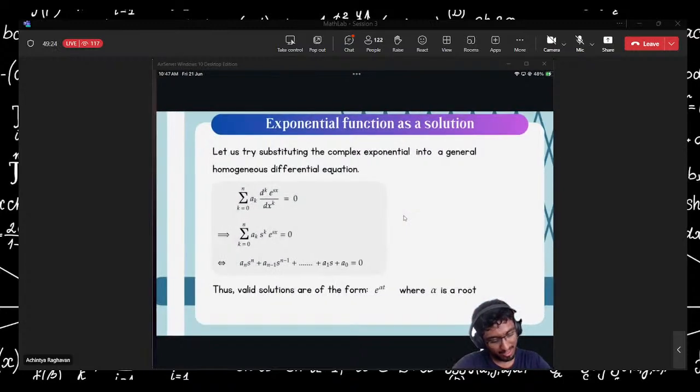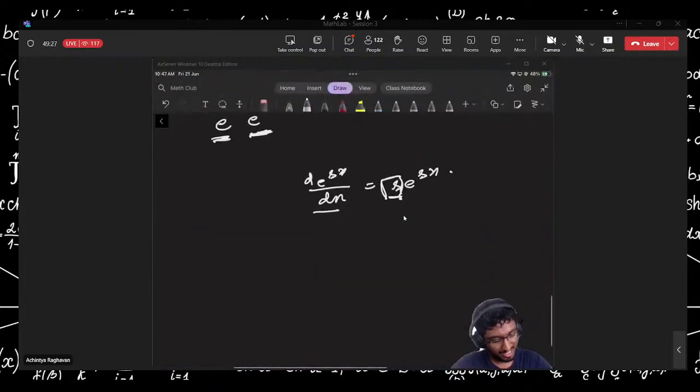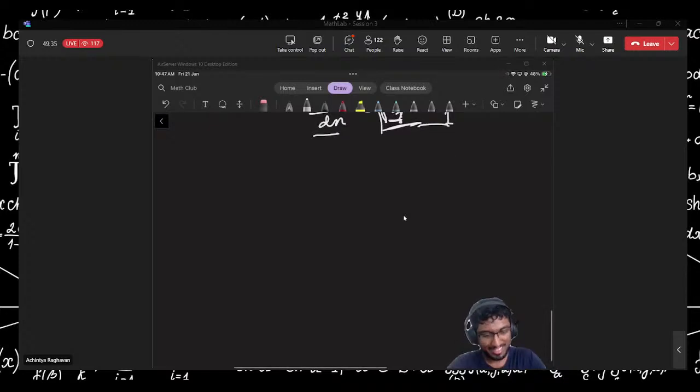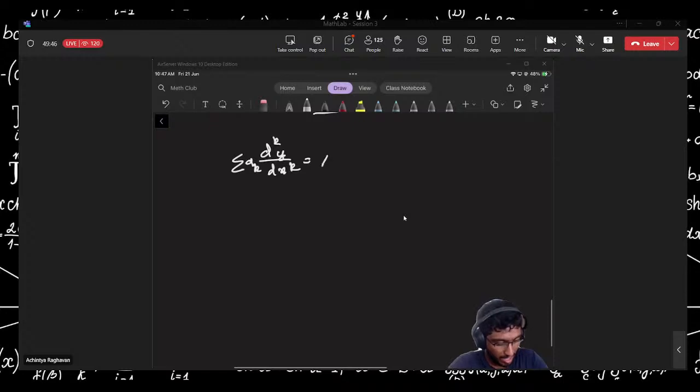So now that we know this function is kind of interesting, let's see what happens if we try to analyze it as a solution. We want solutions to differential equations, that's why we started with this. So if you have a general differential equation, the sum of a_k times d^k y by dx^k is equal to f of x.